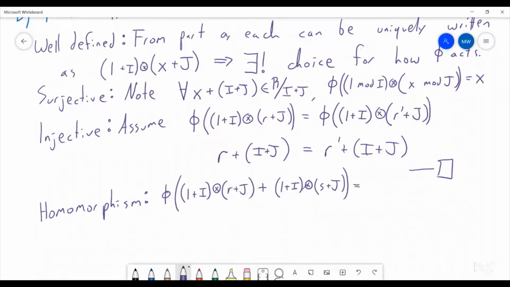So this is equal to phi of 1 plus I tensored with r plus s plus j.